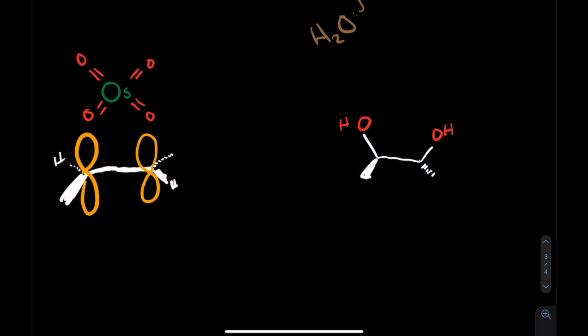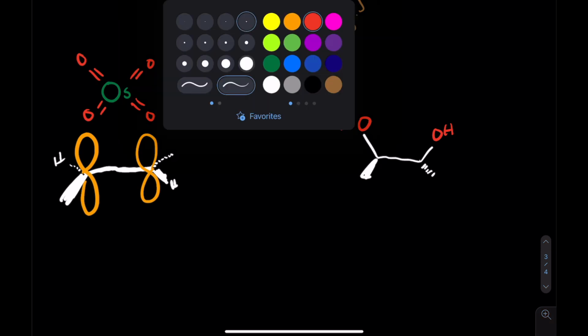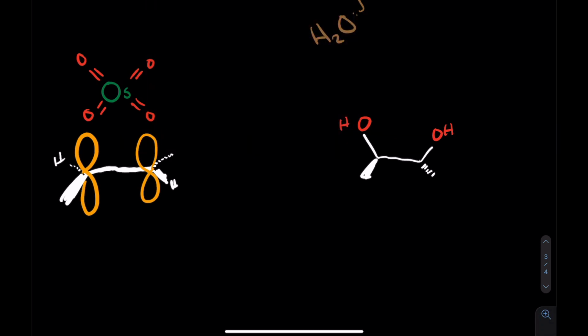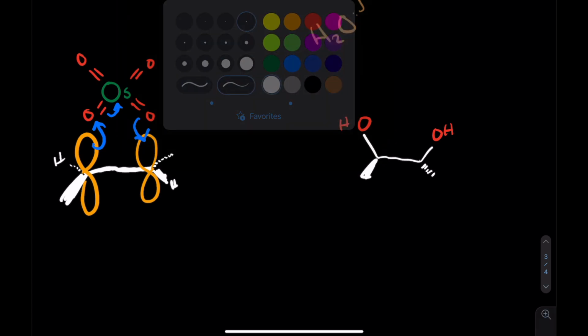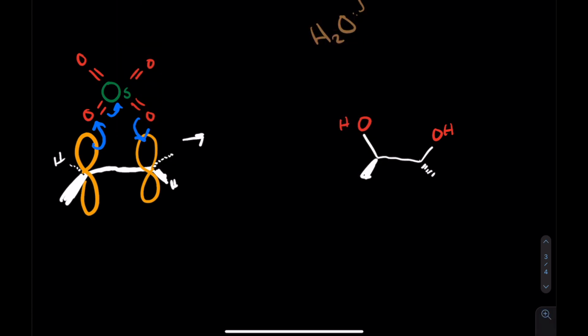And so what happens in this particular case is both of these oxygens are delivered to the same face of the pi bond. This orbital can go and grab that oxygen, and then that oxygen-osmium bond can go there, and then that can attack here, and that creates this osmate ester. What you end up with is a product where that methyl group kind of bends down.